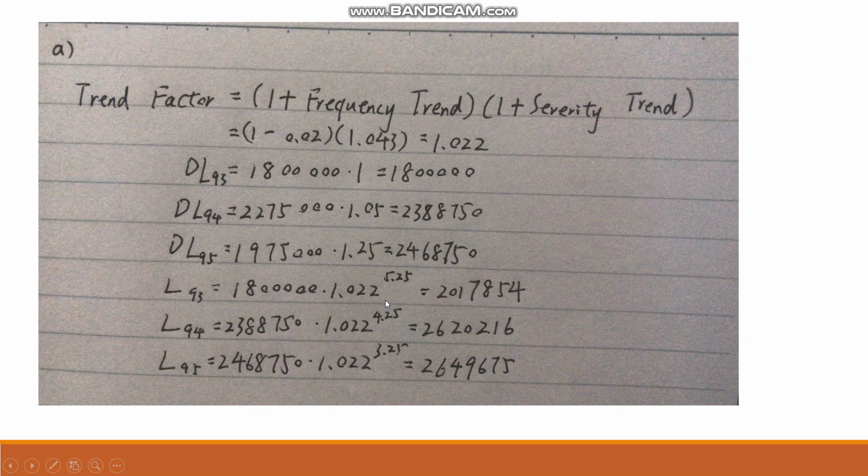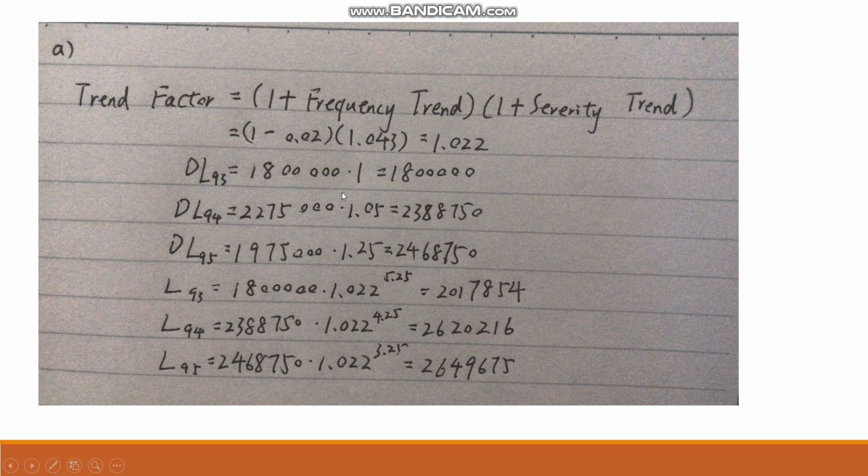So before we calculate the loss of the accident years, we need to calculate the trend factors, which are calculated by this function, and the frequency trend and the severity trend are also provided in the question. So we can calculate the trend factor, which is 1.022.